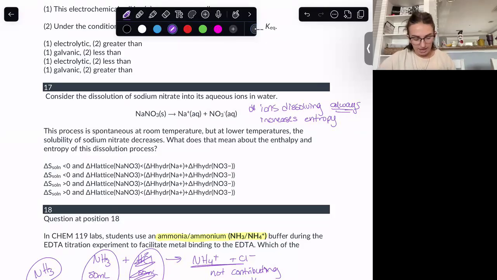So when you're looking at this type of problem, you can't automatically get rid of anything like that. But when you're looking at dissolving something, that's always increasing entropy no matter what. However, the process of getting to increasing entropy depends on the delta H of everything else going on.